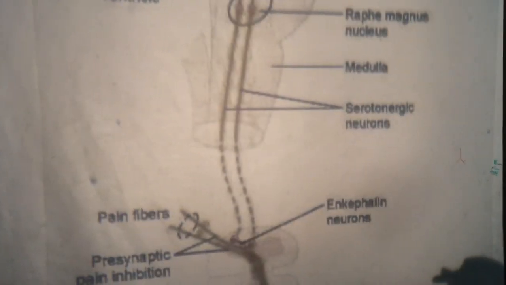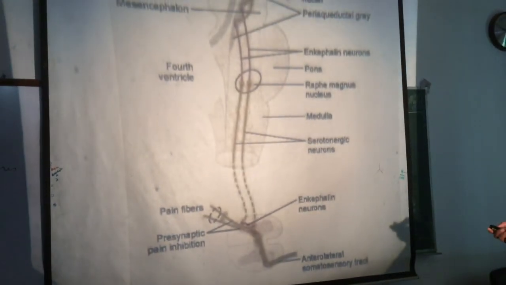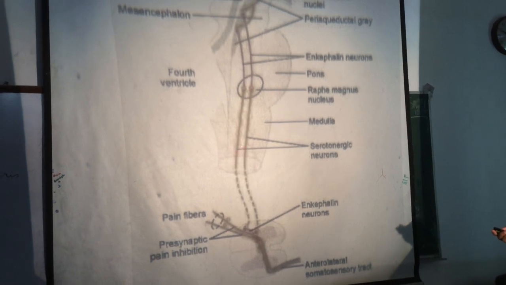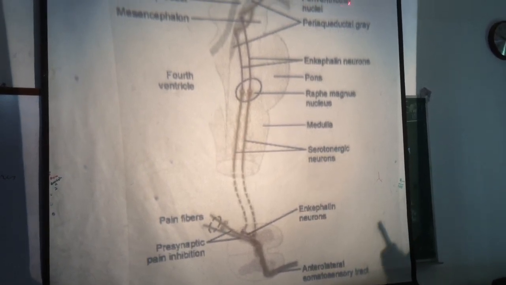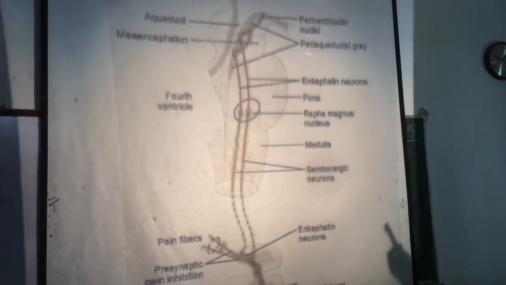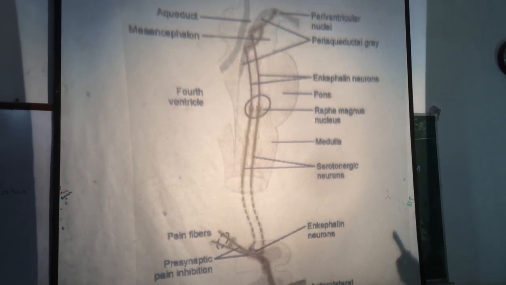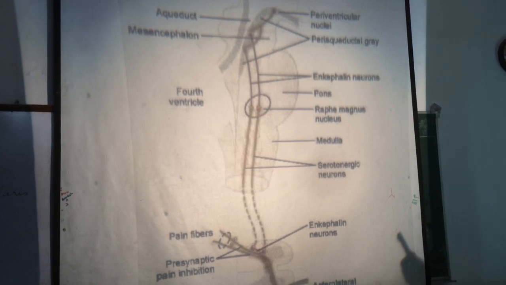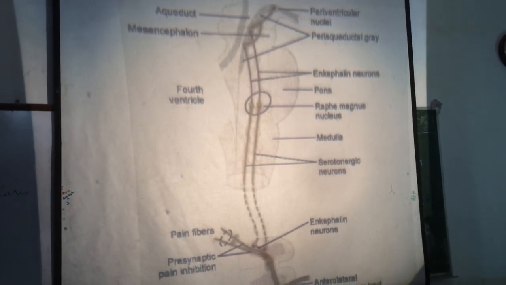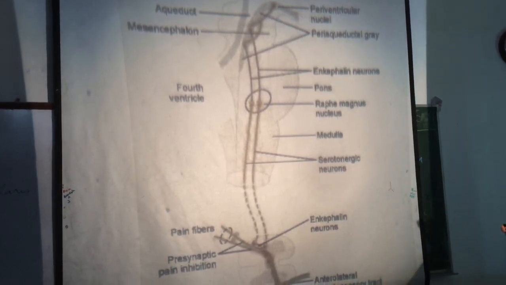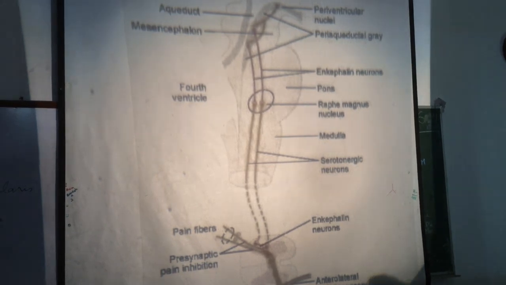Now keep in mind that stimulation of components of the analgesia system, say you stimulate the periventricular nuclei, the periaqueductal gray matter, or the raphe magnus nucleus, results in suppression of pain, analgesia.